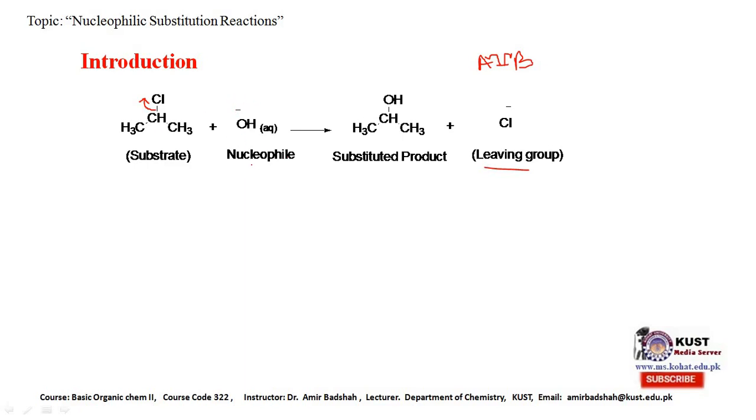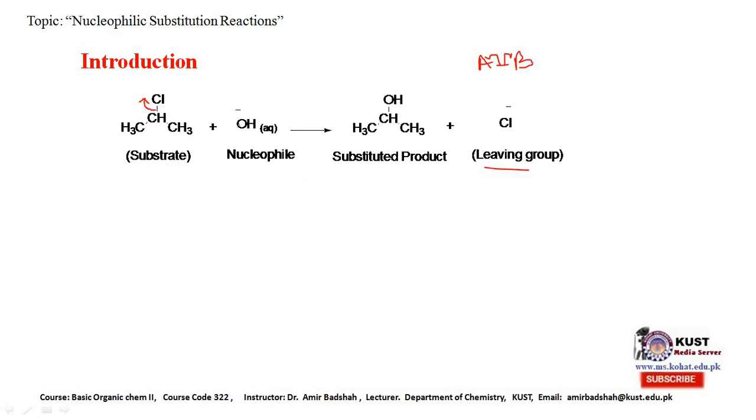A species which attacks a carbon-deficient center is called a nucleophile. It is electron rich, and the group which leaves along with the electrons is called the leaving group, and the product formed as a result of the nucleophile attacking and the leaving group leaving is called the substituted product.